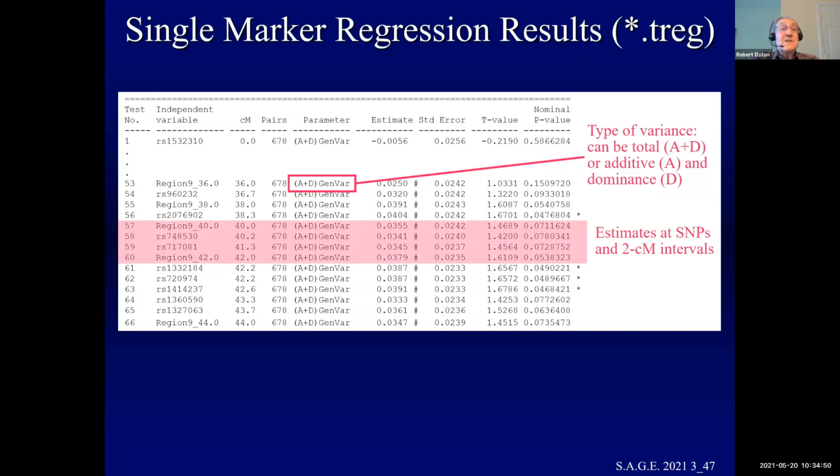So you get the estimates at SNPs, and in this example, you get it every 2 centimorgan intervals as well. So that's a nice feature. It's going to interpolate at 2 centimorgan intervals if you ask it to.